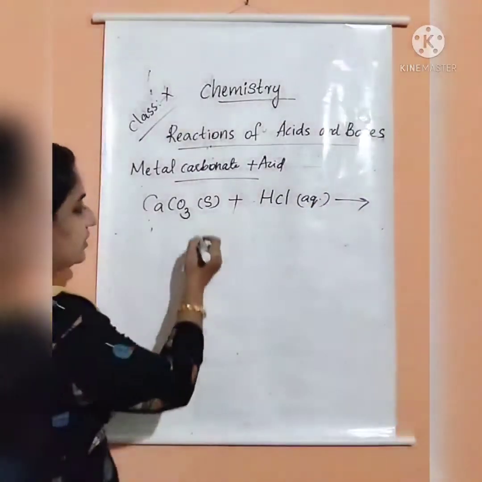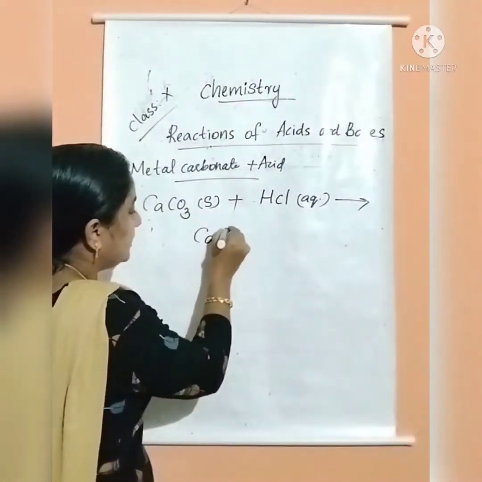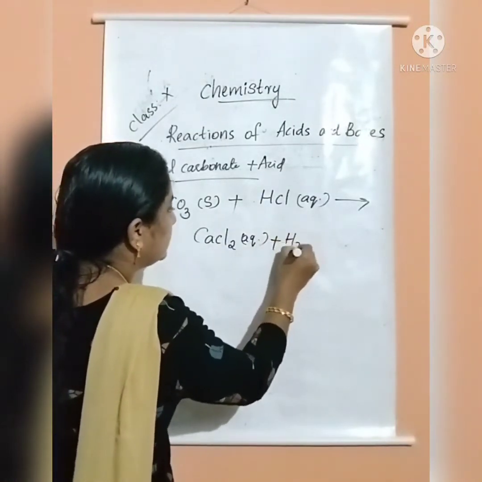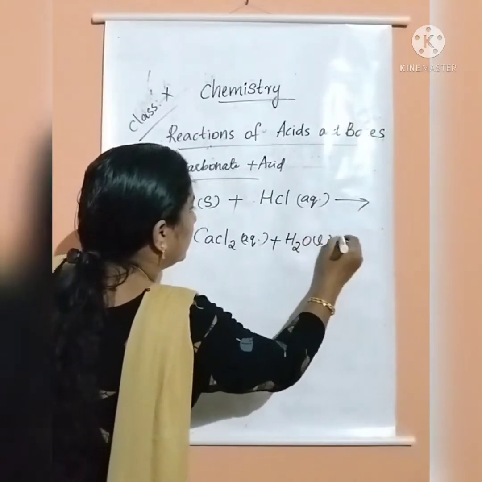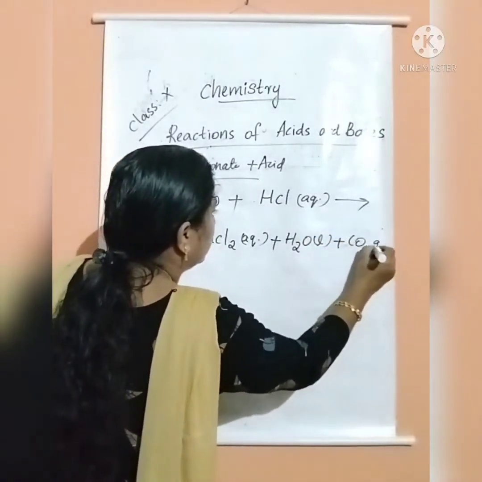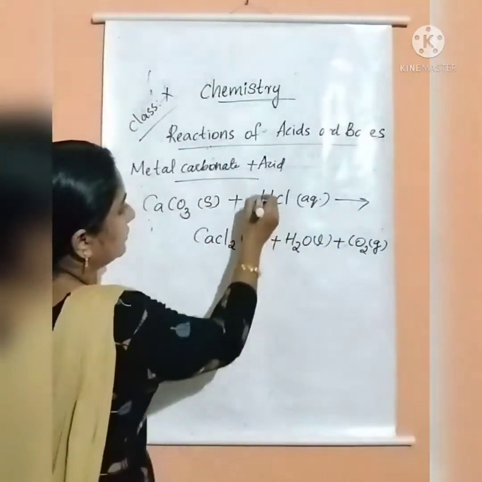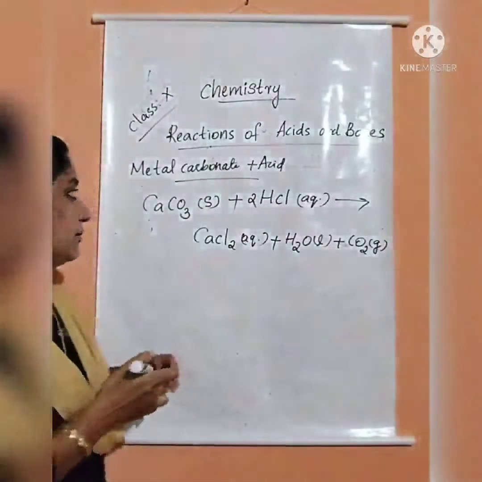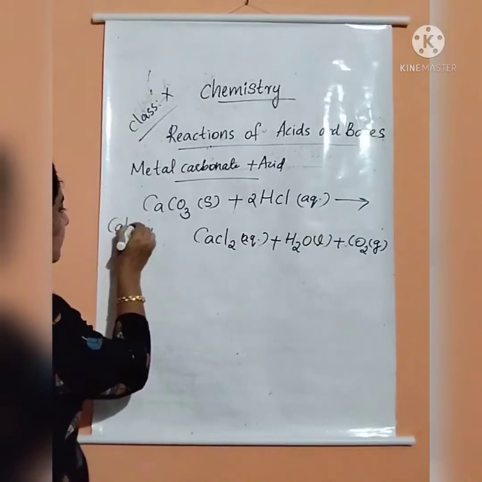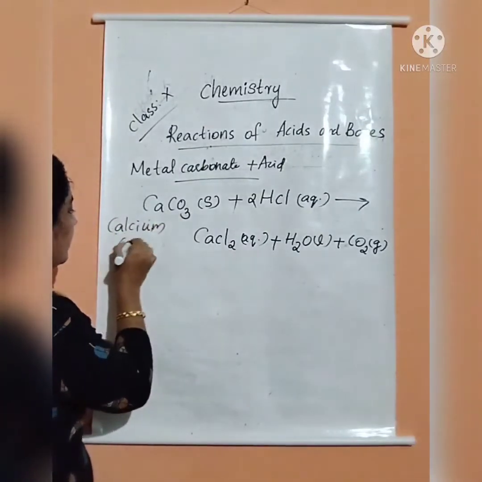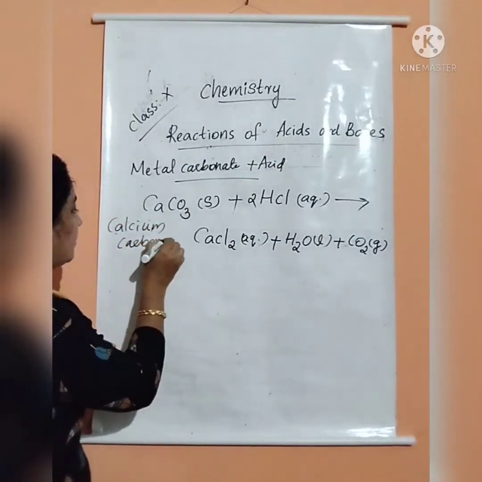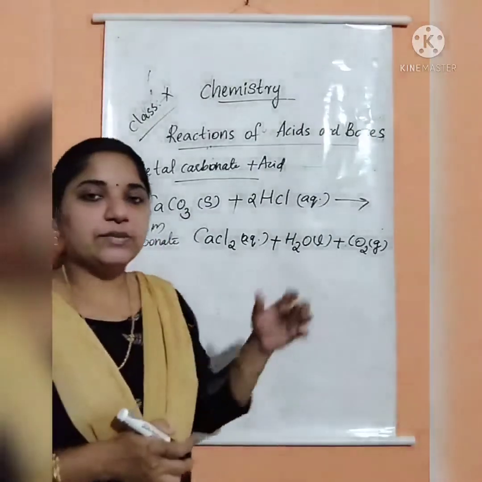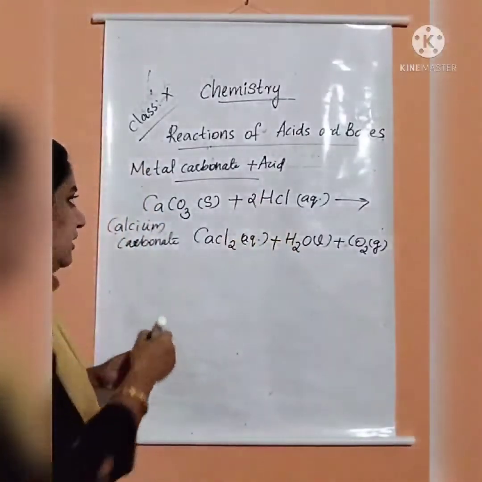dioxide. Okay, then what is the salt? CaCl2, that also in aqueous form. Then H2O liquid, then carbon dioxide gas. Okay, this is the reaction of calcium carbonate with HCl.